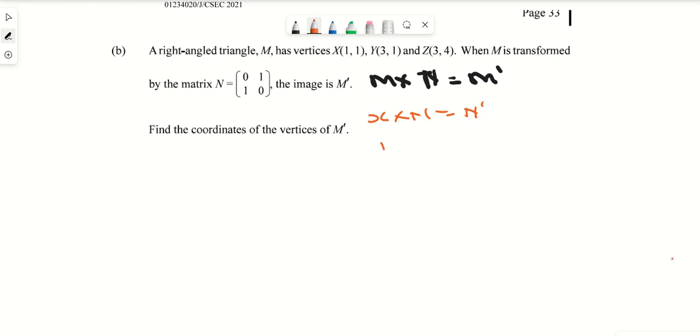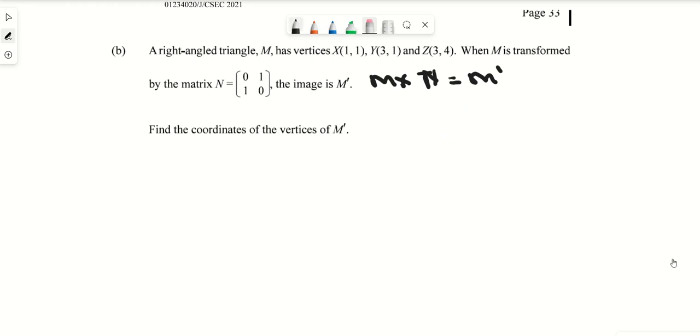X is 1, 1, which is a 1 by 2 matrix, sorry, no, it's 2 rows by 1 column. And N is a 2 by 2 matrix. Can X multiply by N? No, they cannot, because this is not equal. So me writing this is incorrect.